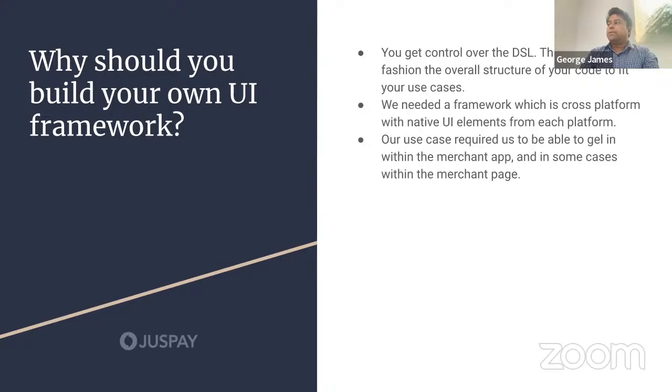For example, let's say you take something like React or Cordova, then the UI framework actually controls how the rest of your code looks as well, and you structure your normal code around the framework. Whereas if you build your own framework, you get this added benefit that you can structure your UI around the rest of your code, or basically you can create your own domain specific language, and your UI can be structured around how your code or how your flow is supposed to be.